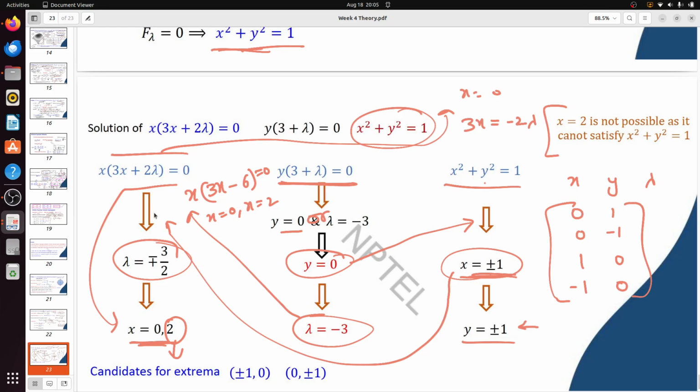The other is y equal to 0, which implies x equal to plus minus 1.